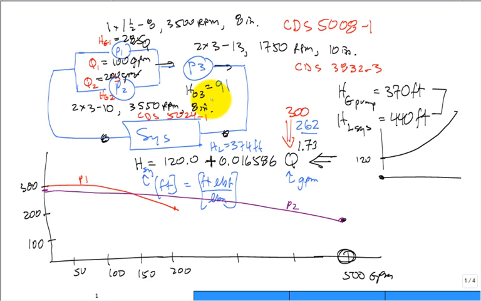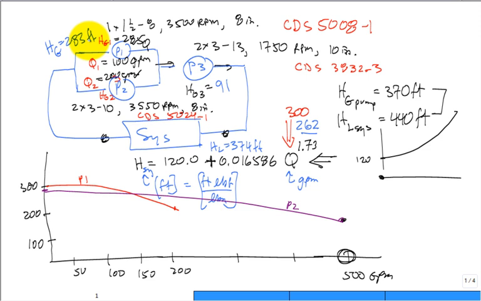So what has to be the head gain across both pump 1 and pump 2? Just do the subtraction. 374 minus 91. True? Isn't that it? And what do you get for the head gain that has to be across both of those pumps? 283. Head gain is 283 foot.